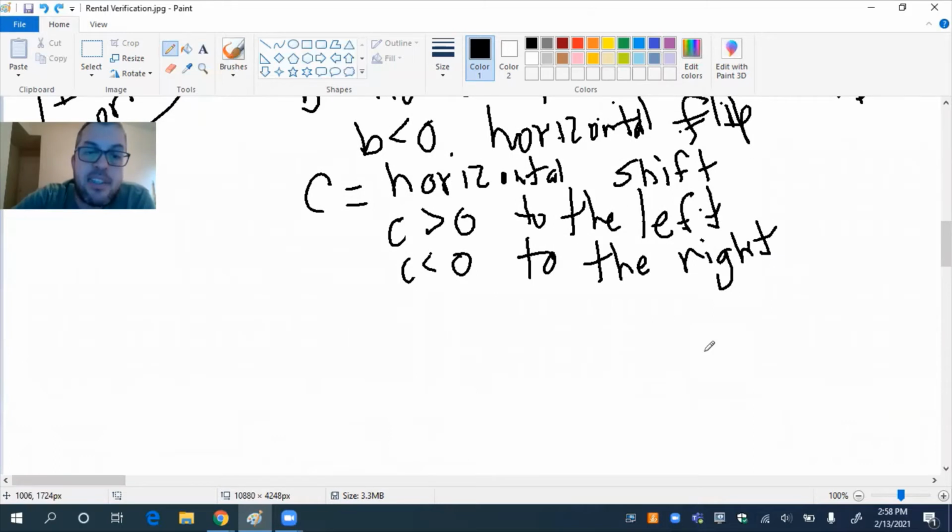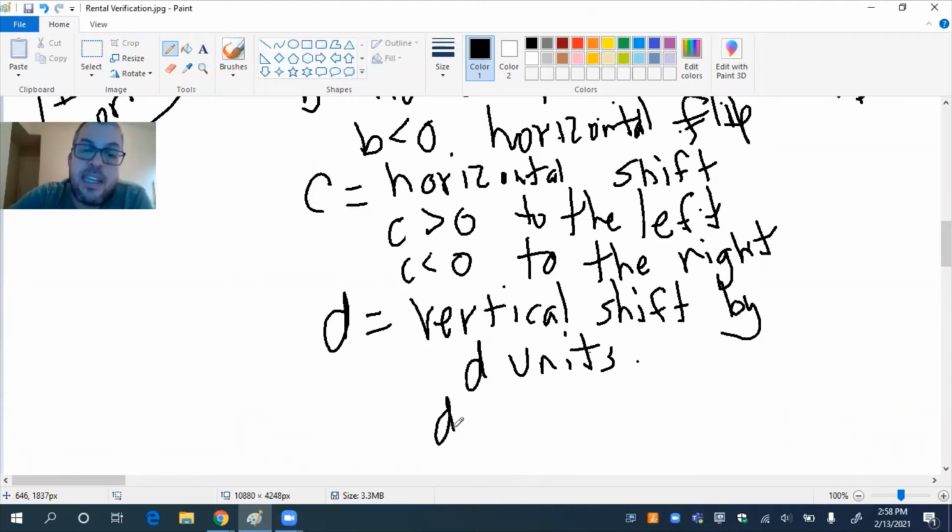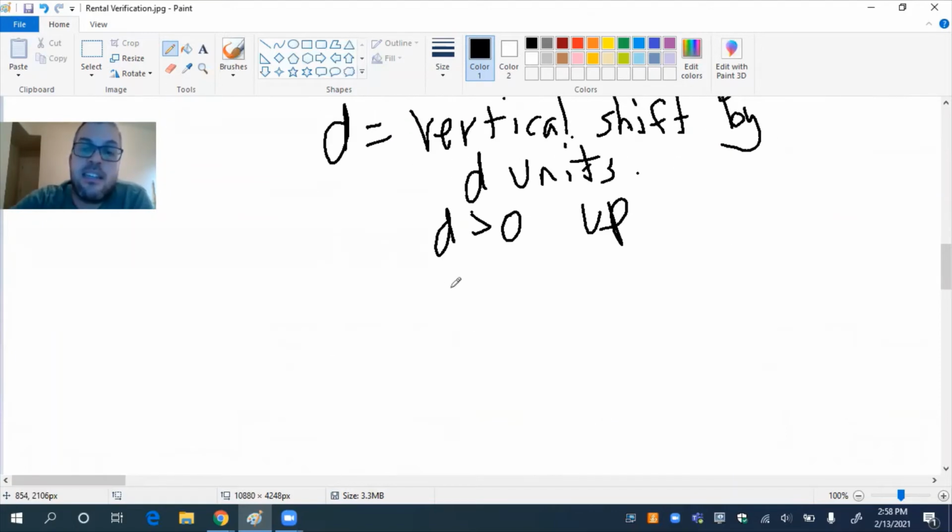So d is a vertical shift by d units. If d is greater than 0, then up. If d is less than 0, then down.